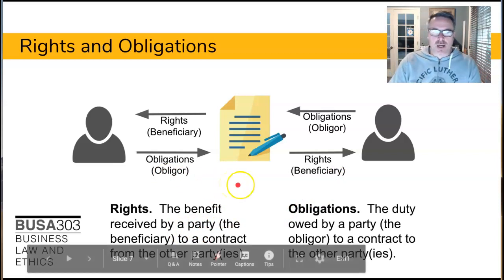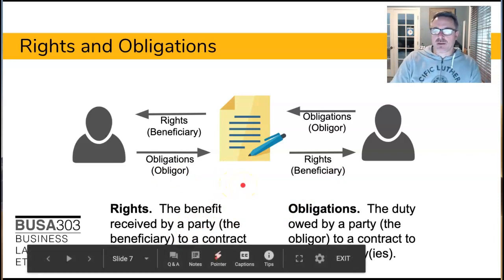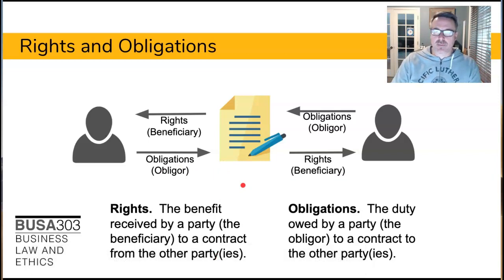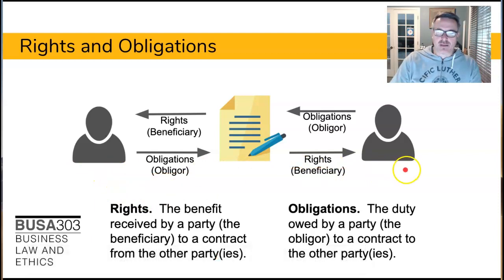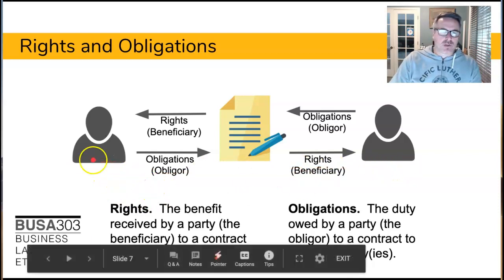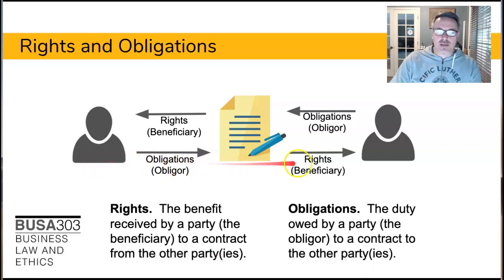Okay, so let's think about how this would work in a real transaction. Let's think about a mortgage loan. Let's say over here we have the lender, and over here we have the borrower. The lender is obligated to lend money to the borrower. So the borrower, under this contract, has a right to receive money from this lender.